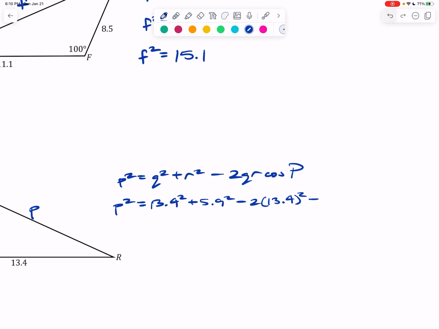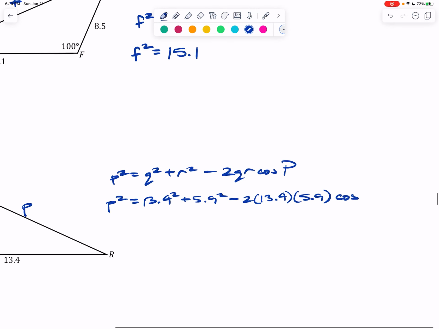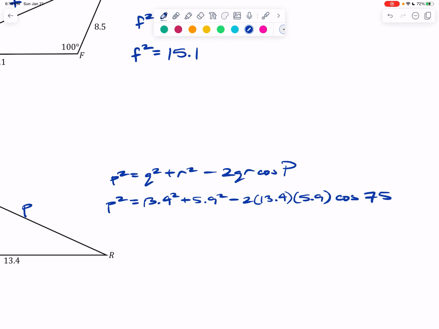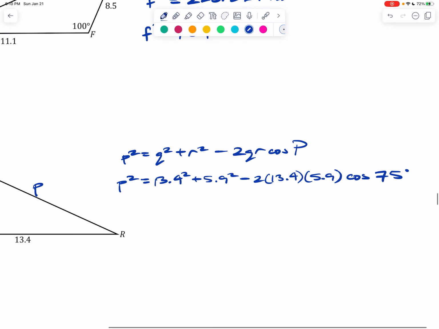Oopsie daisies. My angle is 75. Here I'm getting 173.445 and then some other numbers. It'll actually be 3 dots there.